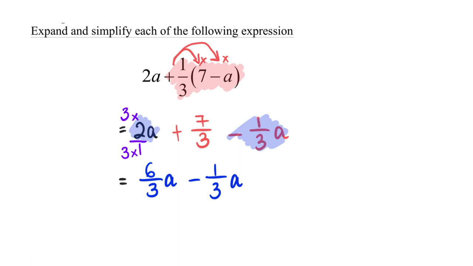Not forgetting my plus 7 over 3. And finally, this will be the final answer. 6 over 3a minus 1/3 a will give me 5 over 3a. And this one is plus 7 over 3. And this will be the final answer. So we have come to the end of this part of the problem.